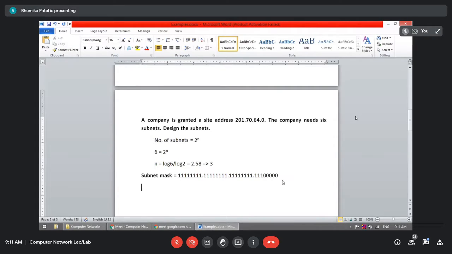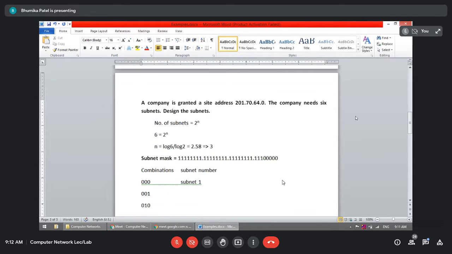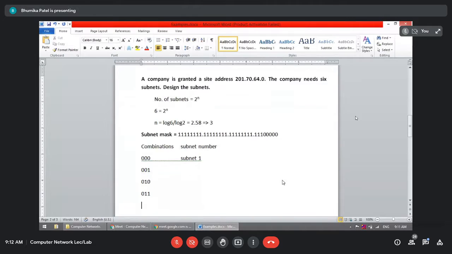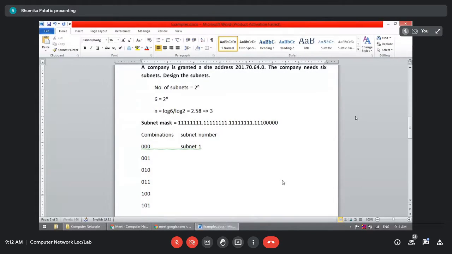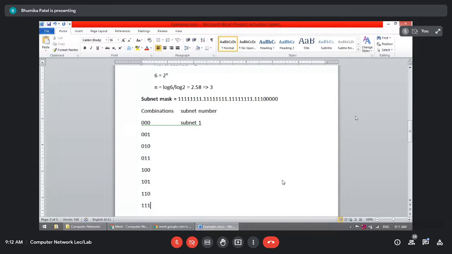So we are going to find the combinations, and you can see the subnet number. The first combination will be 000, which is subnet 1. Next will be 001, then 010, then 011, then 100, 101, 110, and the last will be 111.